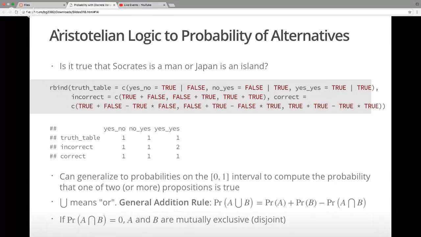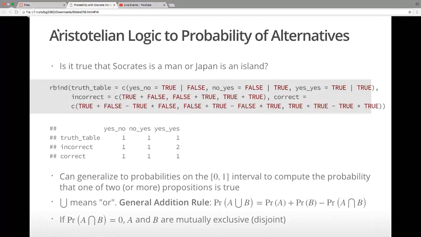So this can be generalized to probabilities on the 0, 1 interval. If you have two things that you don't know whether they're for sure true or false, it involves something called the general addition rule, which entails the union symbol, and this can be read as or. The upside down one, again, remember, is read as and.